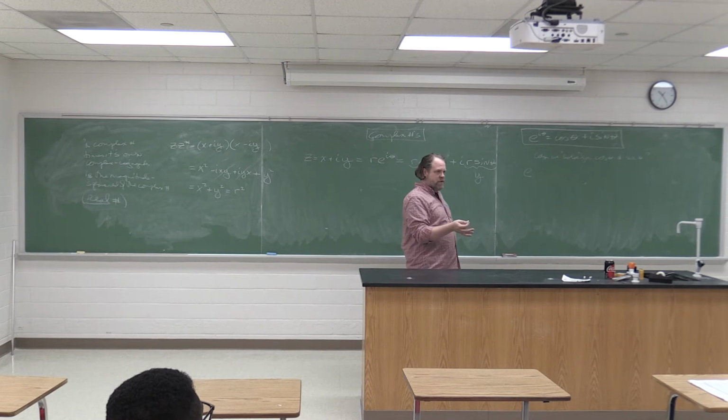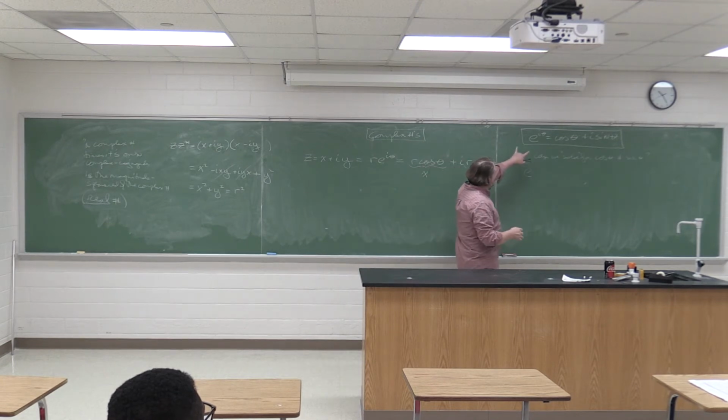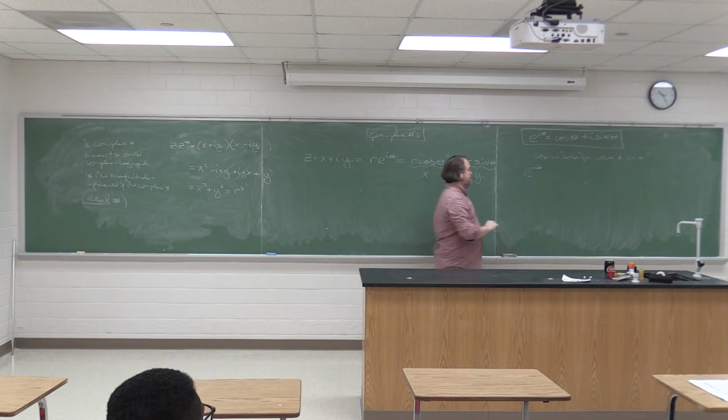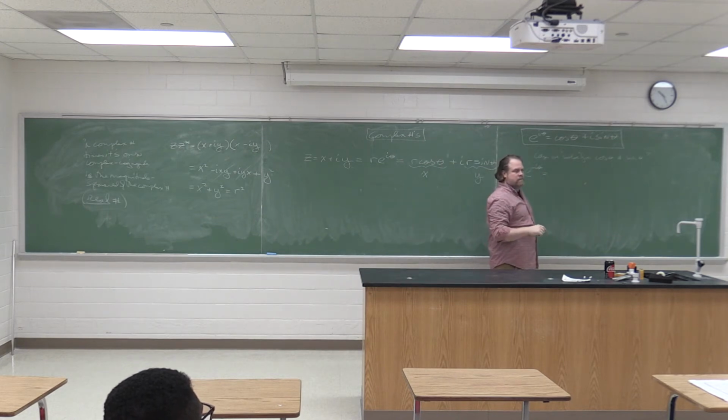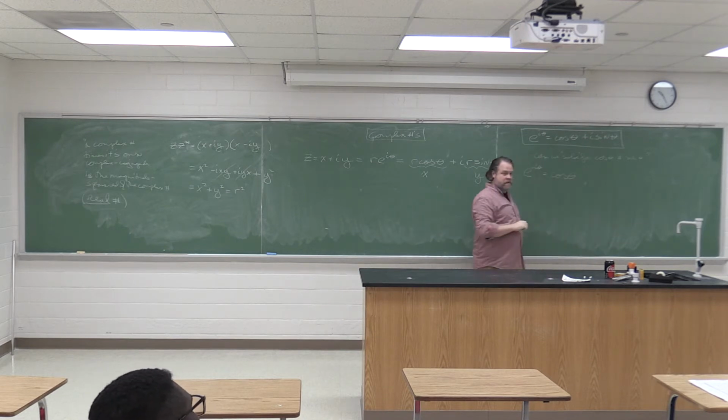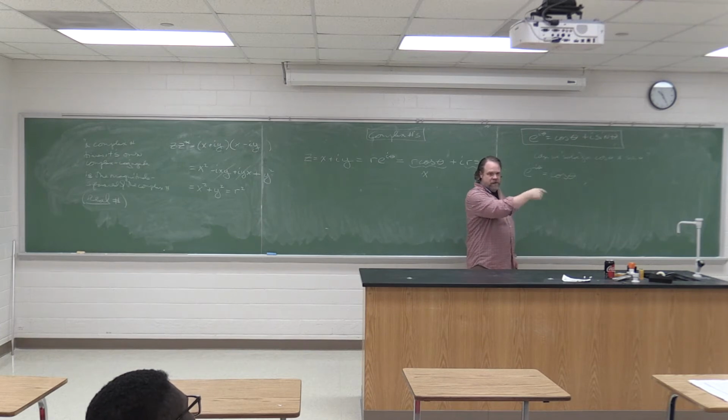What's the rule for complex conjugates? Turn all your i's into minus i's. Okay, so what would the complex conjugate of that be? e to the minus i theta. Okay, good. What's the complex conjugate of cos theta? Just cos theta. It doesn't have any i's, so it gets to stay the same. What's the complex conjugate of i sine theta?